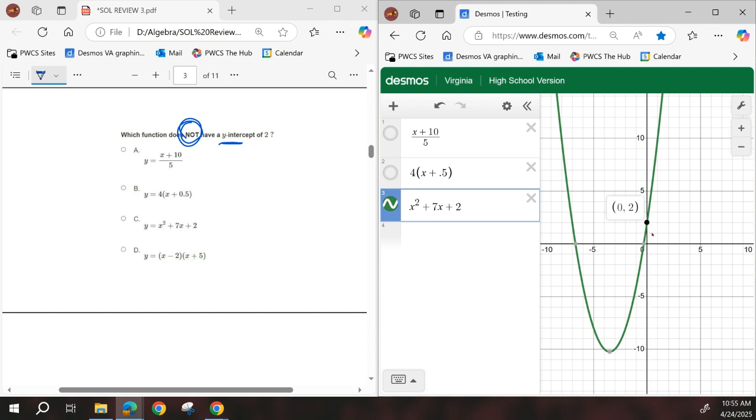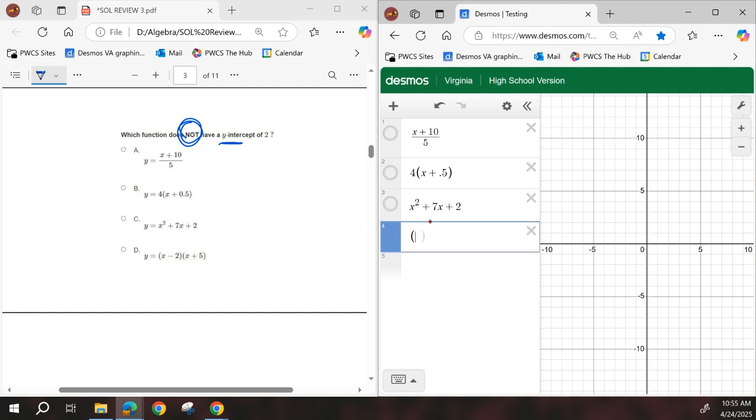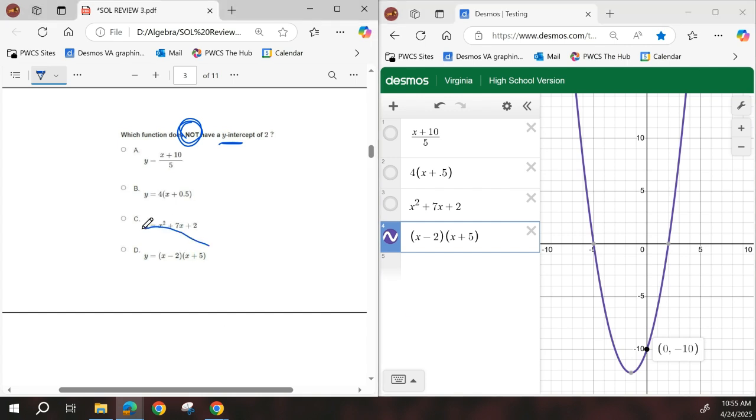This one has an intercept of 2, a y-intercept. Remember, these are x-intercepts, so we're not looking at those right now. So let's see if this one works. This one's y-intercept is all the way down here, negative 10. It's not 2, and so this is our answer.